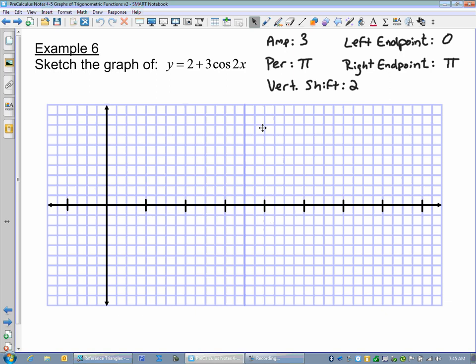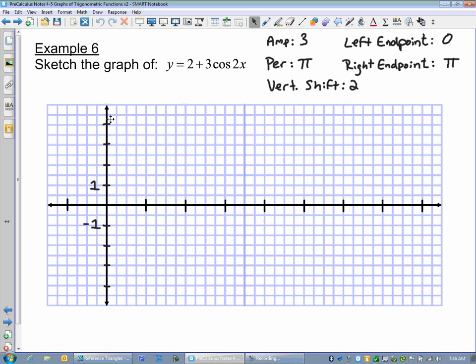Now first we need our scale. If we look at our scale, I want to make sure I leave enough room so that I have a maximum value of 3 that's going to get shifted up 2 units, so we have to leave enough room to get a plus 5 or a negative 5. But since we're going up, we really care about the plus 5.